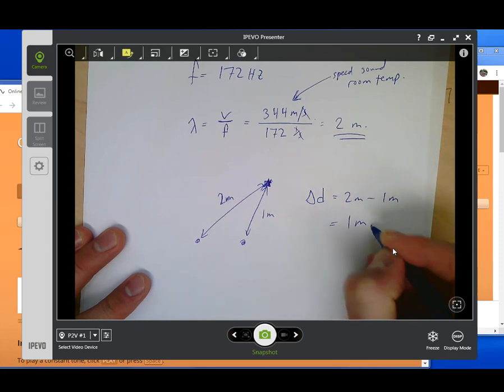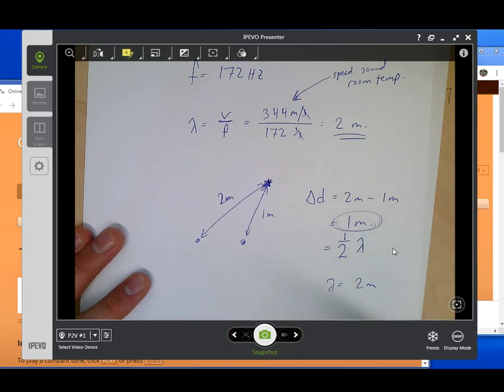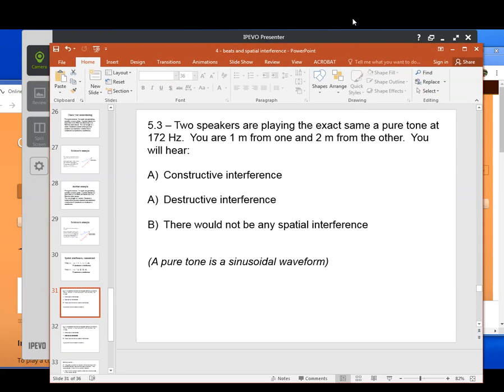So that's 1 meter. And we can see that that's equal to half of a wavelength, right? Because our wavelength is equal to 2 meters, but we only got up to half of that, 1 meter. So that's how we can solve that kind of problem, and that's how we know that this is destructive interference.